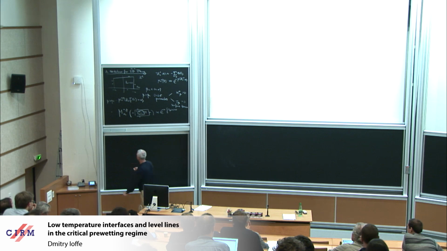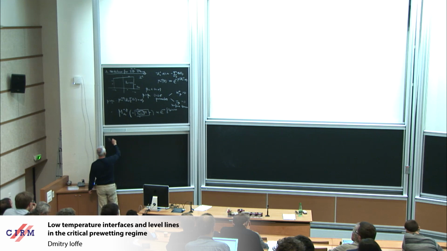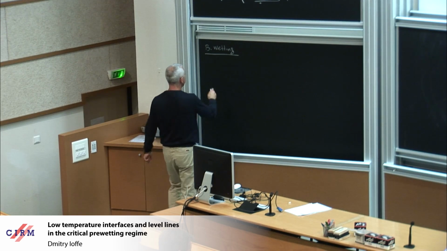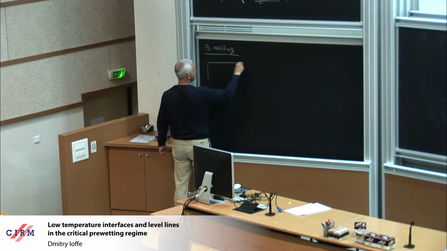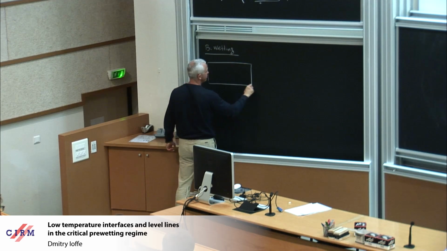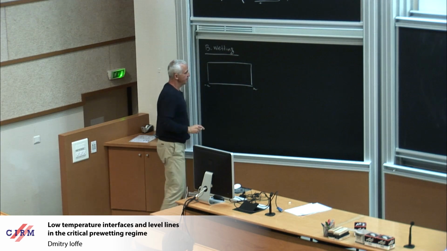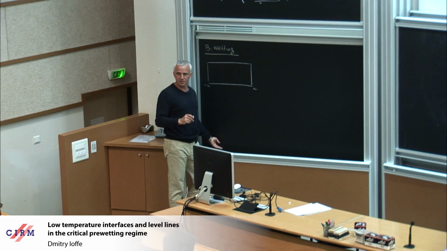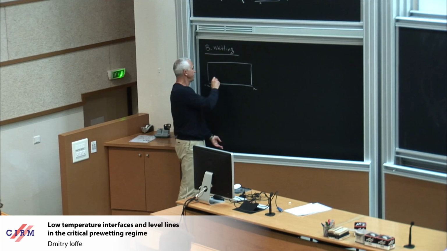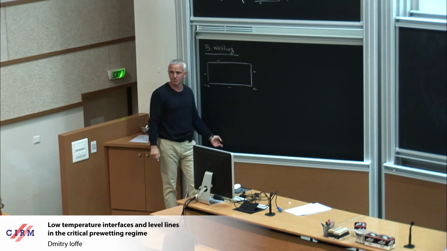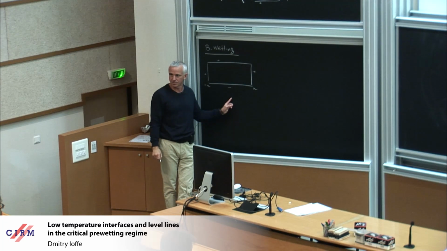Now the second thing is wetting. Let me show the same box, but now I'm making a slight modification of this picture. There are two modifications. First of all, instead of putting plus boundary conditions here, I'm putting minus boundary conditions on the bottom.